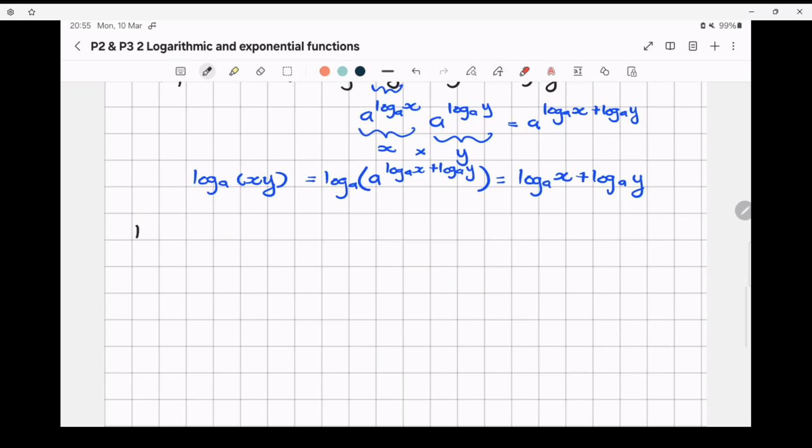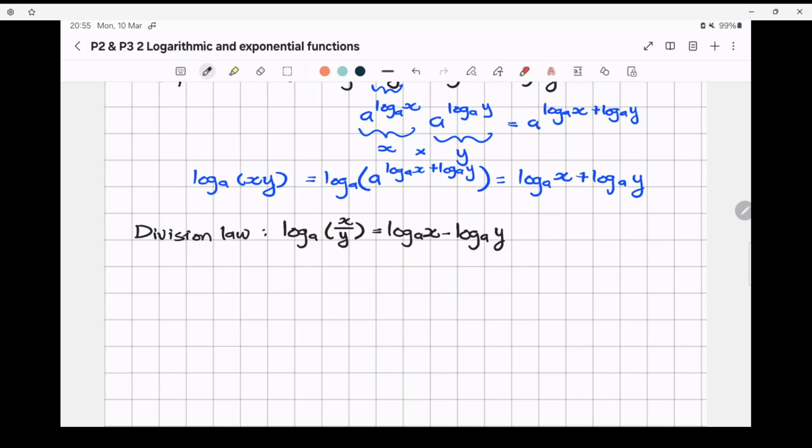You also have the division law, which you can prove with the same argument. Log base a x divided by y, you find that this is equal to log base a x minus log base a y.